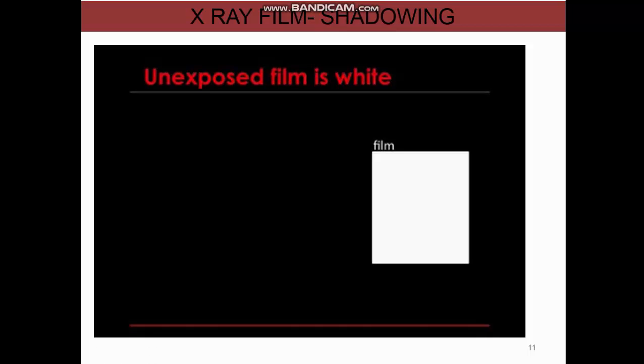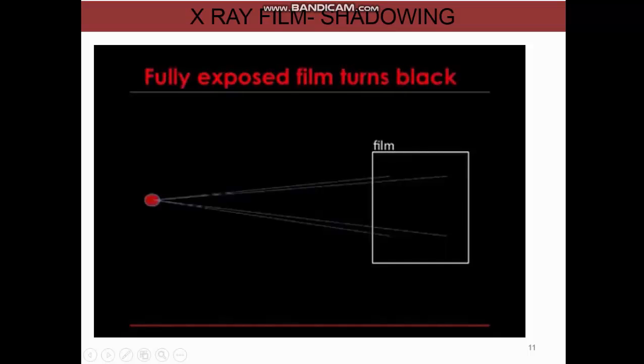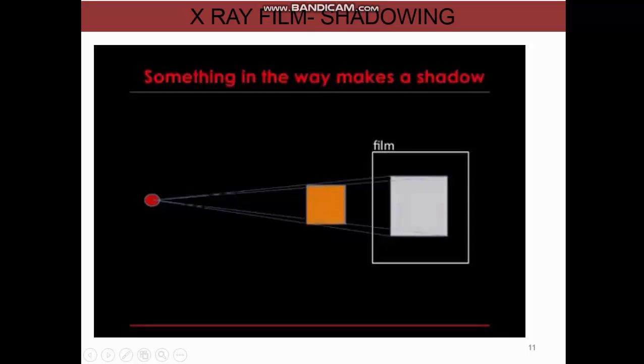An unexposed film is white, as you can see here. During interaction of X-rays with X-ray film, the fully exposed film turns black because X-rays cause a chemical reaction when they reach the film.